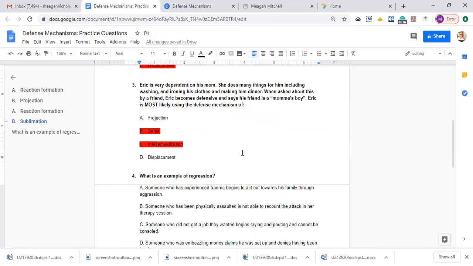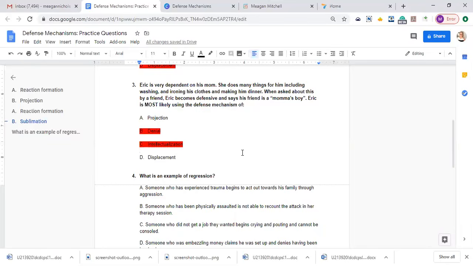Once again, we're left with projection or displacement. Remember, projection is when we are putting our beliefs and our feelings and naming them as someone else's, whereas displacement is taking our anger, unwanted feelings, and channeling it towards someone else.